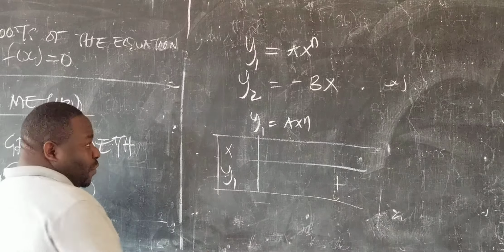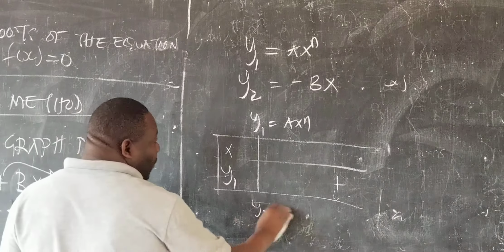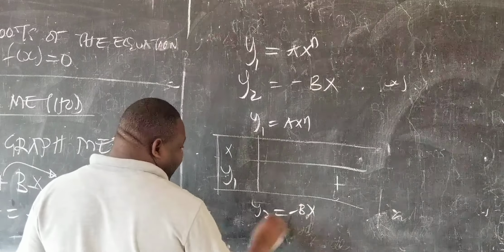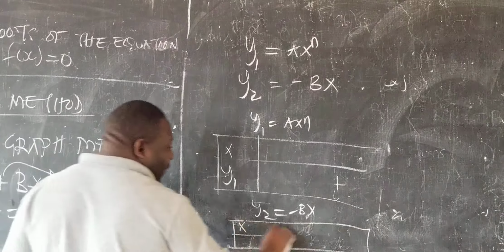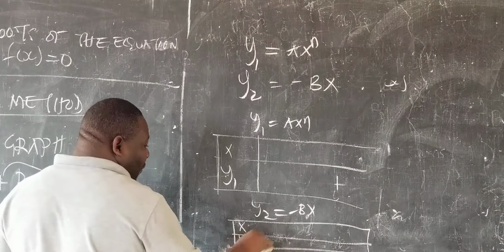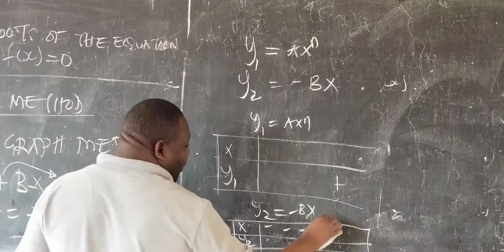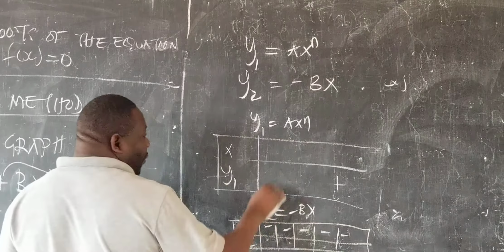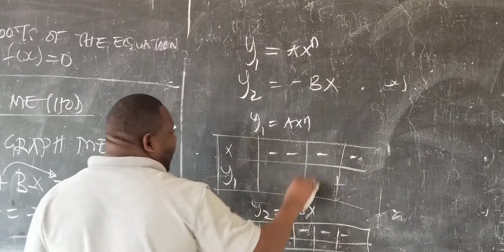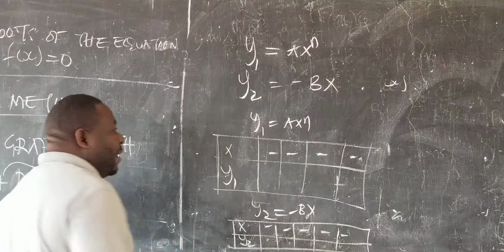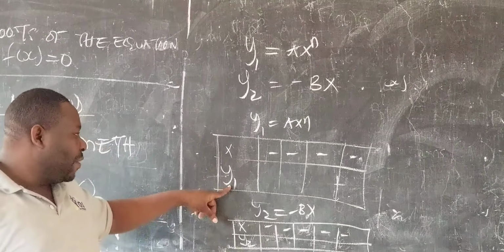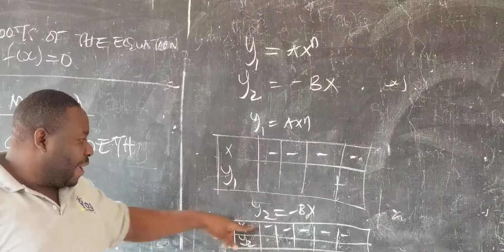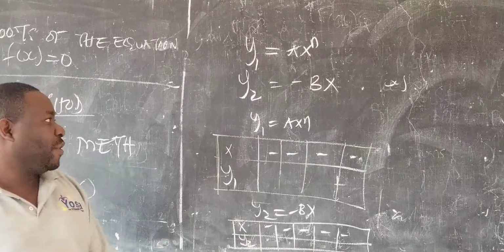Then you have also y2 equals negative bx, with values of x and the corresponding values of y2.